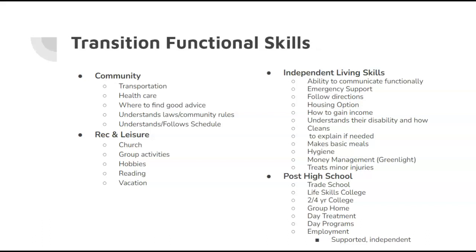These are designed specifically for special needs children. 2 to 4 year colleges may be appropriate for some students. Group homes, day treatment programs, day programs, and then employment, supported or independent.